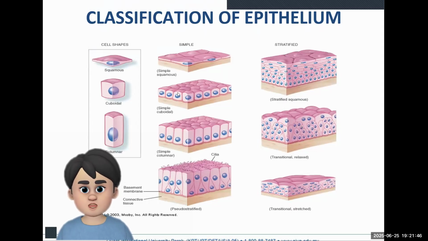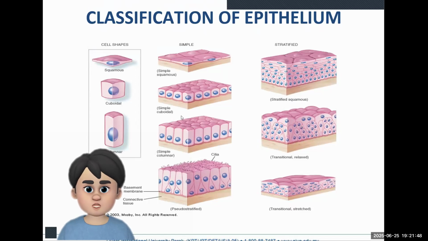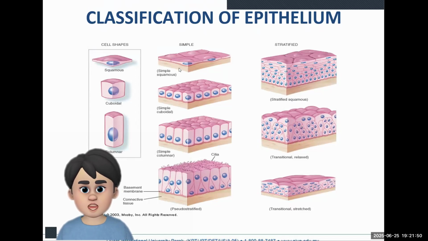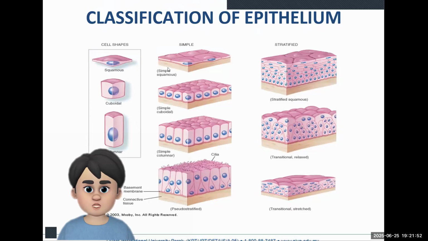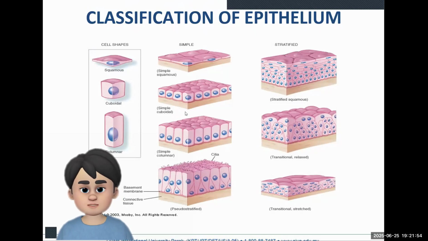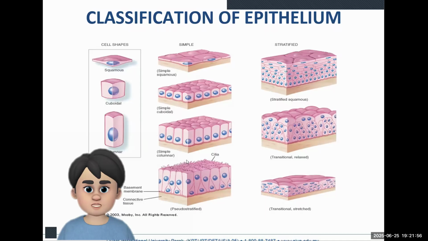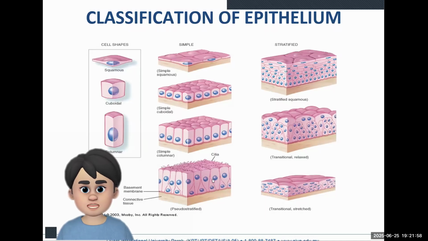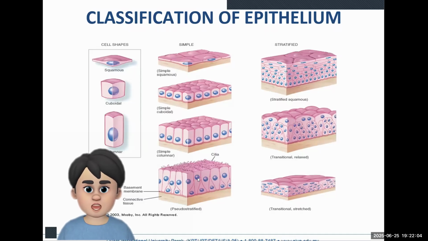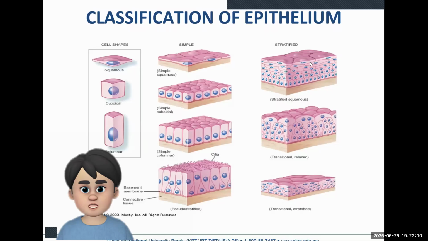You can see these are all simple, one cell layer, that is squamous epithelium. Then cuboidal, and this is columnar. This is pseudostratified. Even though this looks like two cell layers, it's one cell layer, right? The other one is stratified, so you can see several cell layers. Then transitional, which stretches, relaxes and stretches.